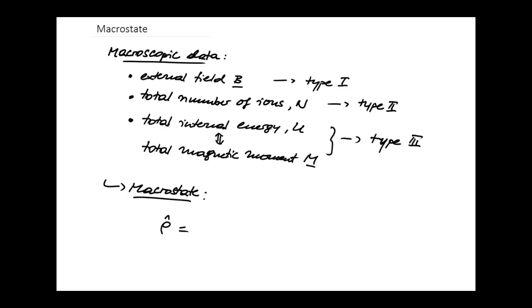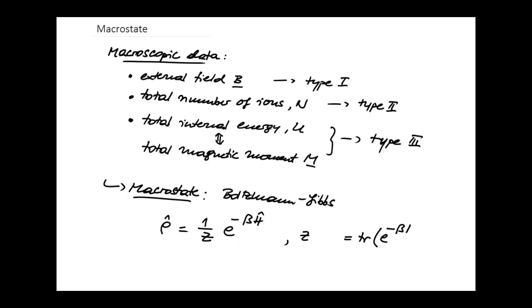And we had discussed in our general framework that in this case we should use the Boltzmann-Gibbs state, the state that maximizes the entropy. So we use Boltzmann-Gibbs, and this has the form 1 over partition function times e to the minus beta H, where the partition function is the trace of e to the minus beta H.